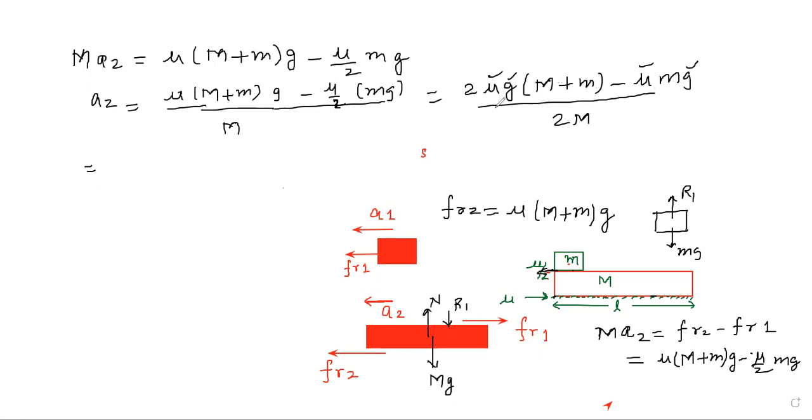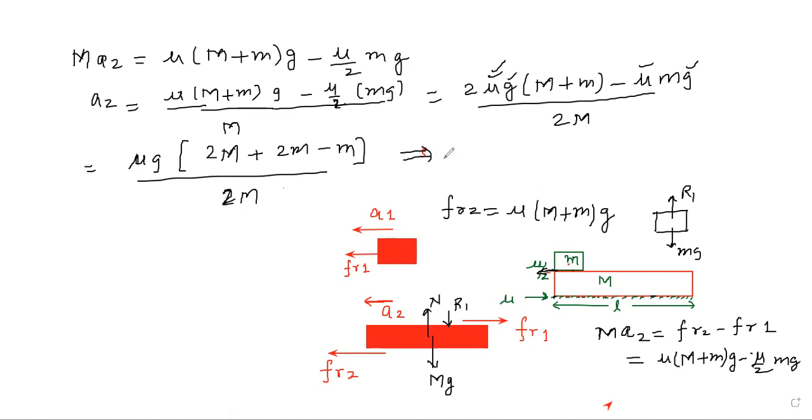So mu g common, and we have 2M plus 2 small m minus small m, whole divided by 2M. So A2 equals mu g upon 2M, times 2M plus small m. So we have got the value of A2 also.